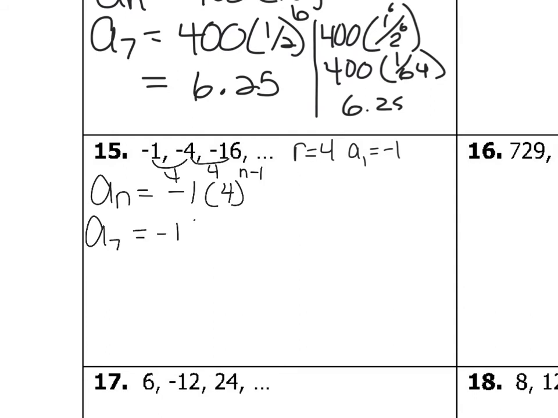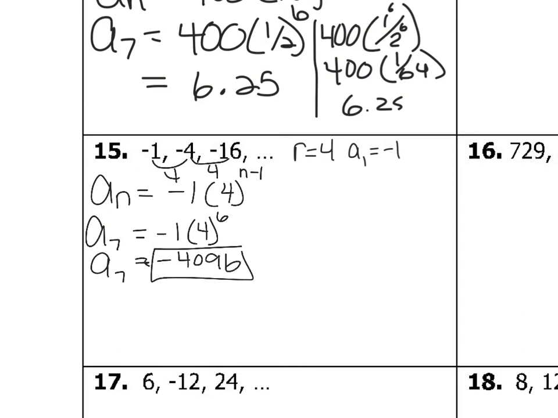So it's -1 times 4 to the 7 minus 1, which is 6. And then 4 to the 6th times -1 is -4096.